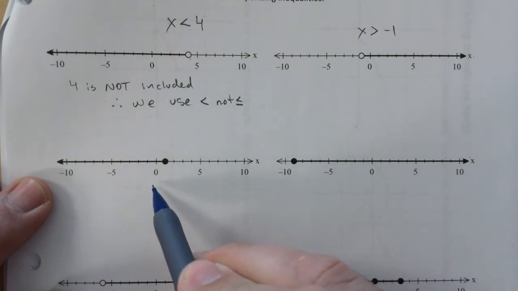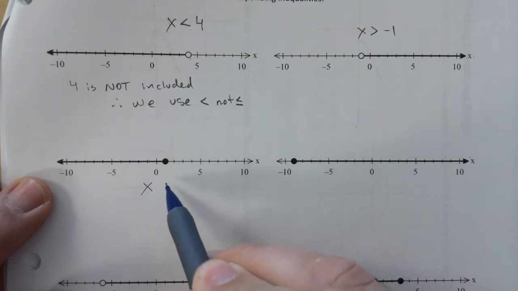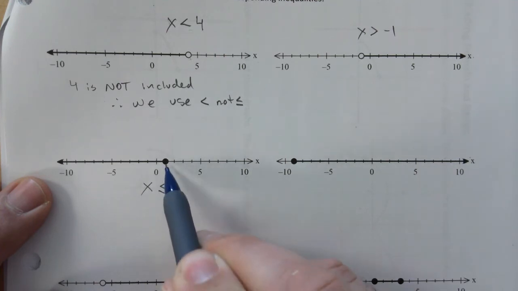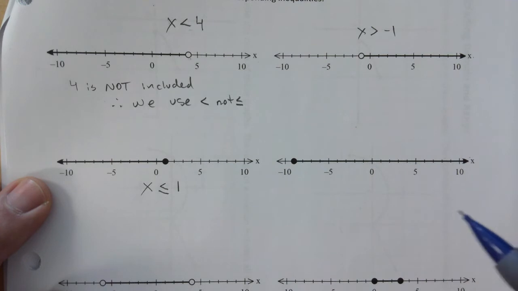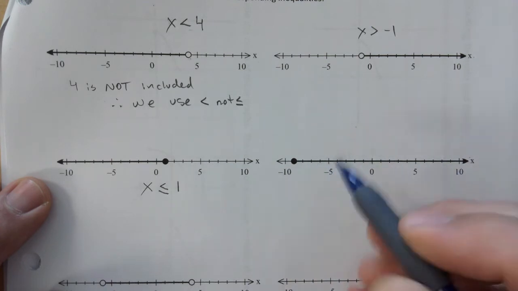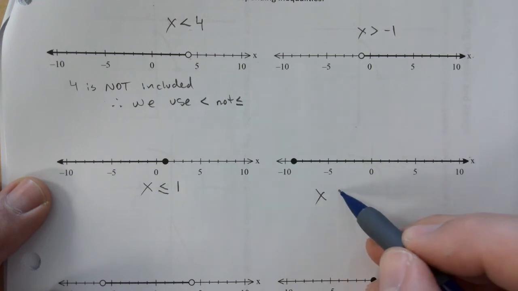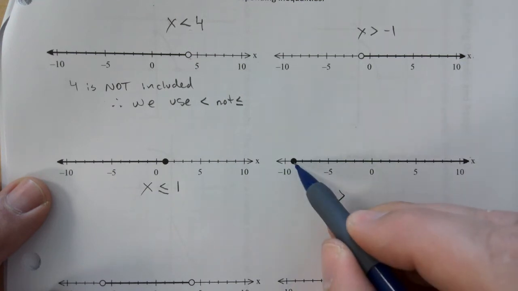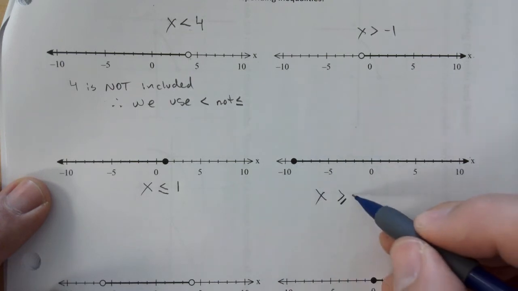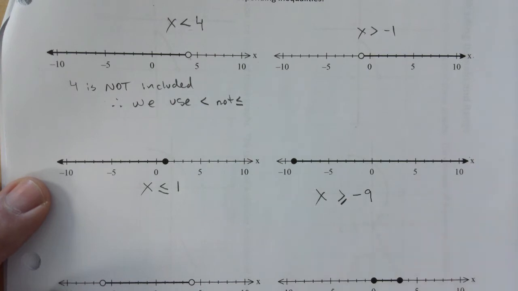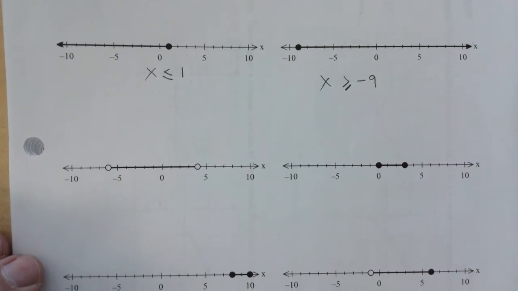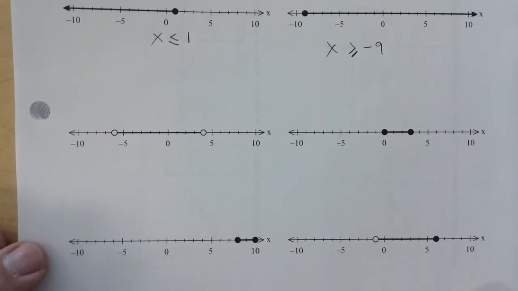So this would be X is less than or equal to +1. This one, I'm going up. So I know it's going to be X is greater than for sure. Since it's a solid dot, I put the equal there. And it's -9. So those are all the non-contained ones.